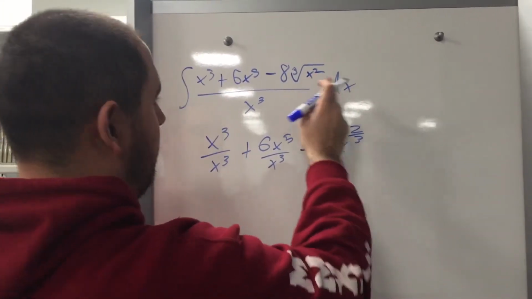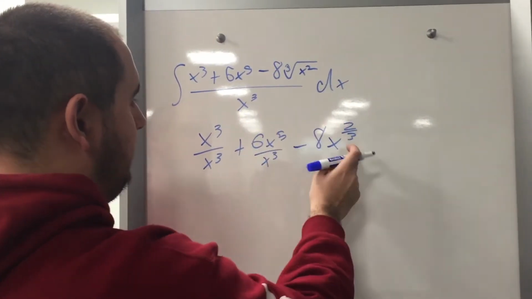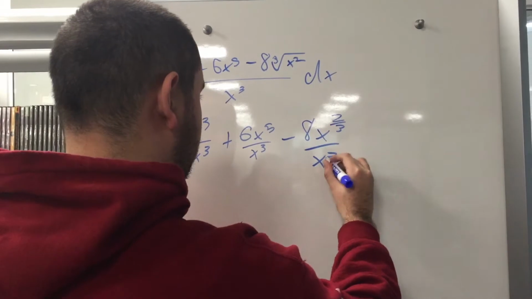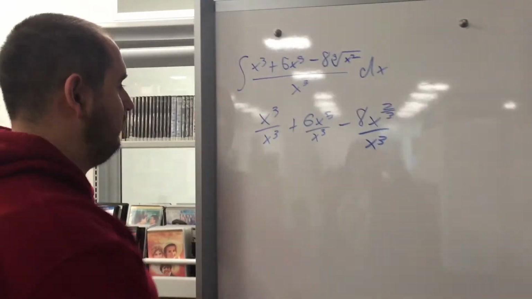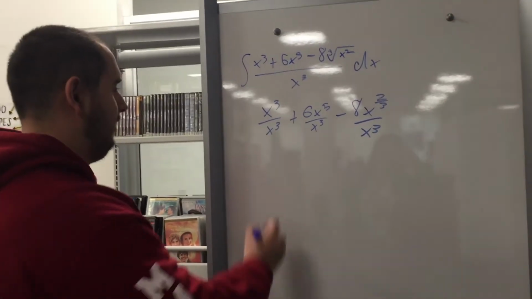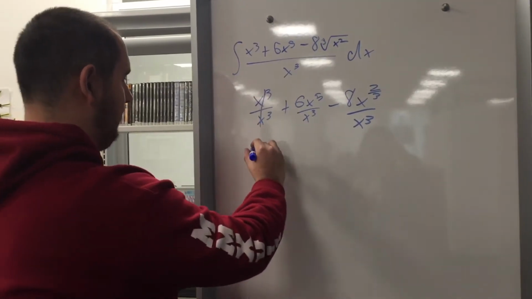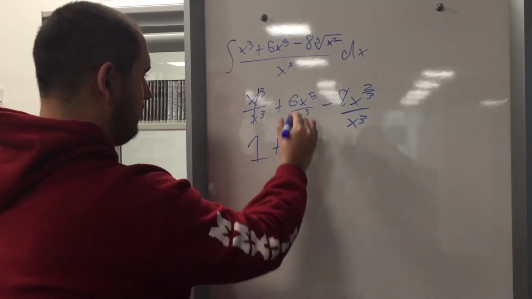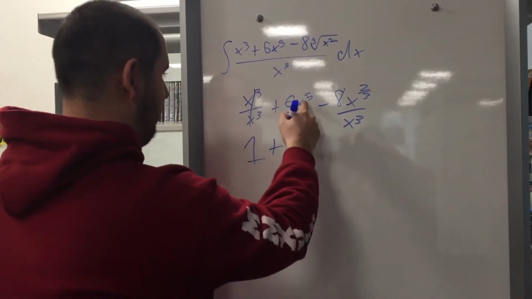You put the square root on the top and the outside number on the bottom. Then you need to subtract. When exponents are dividing, you need to subtract them. And here you can cancel out, so it's gonna be 1. 6x, 5 minus 3 is 2.